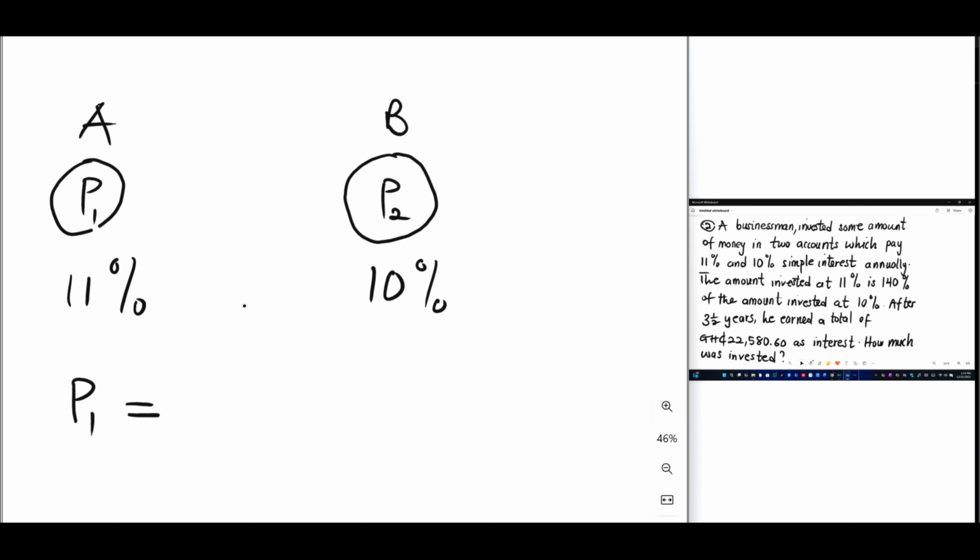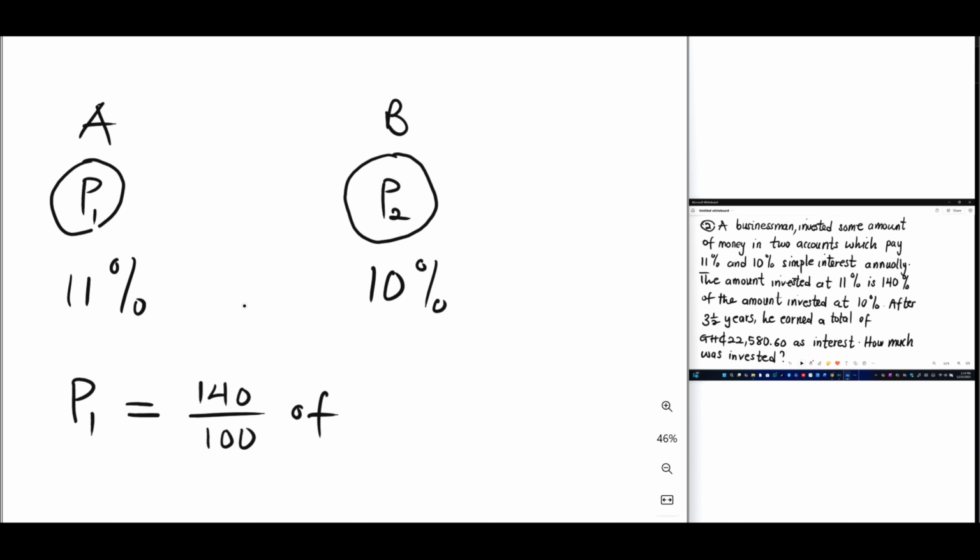So the amount invested at 11%, which is P1, is 140% of the amount invested at 10%, which is 140 out of 100 of the amount invested at 10%.